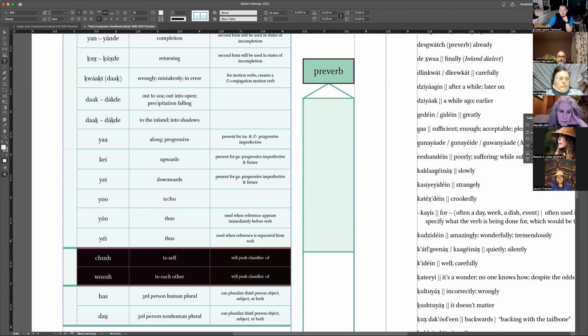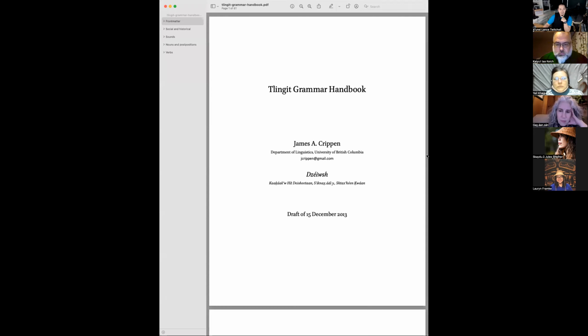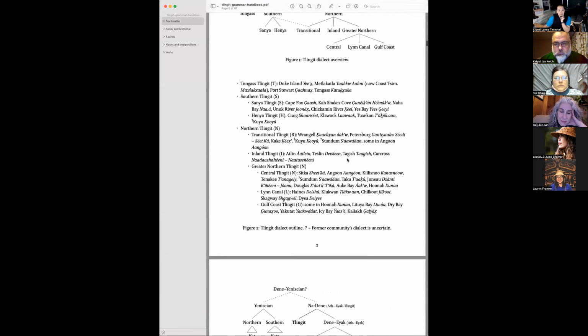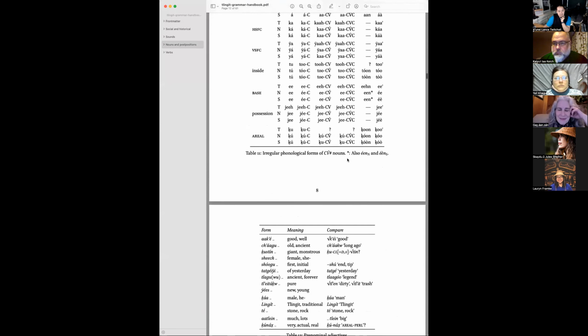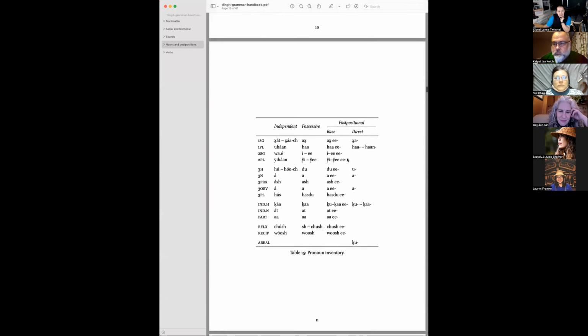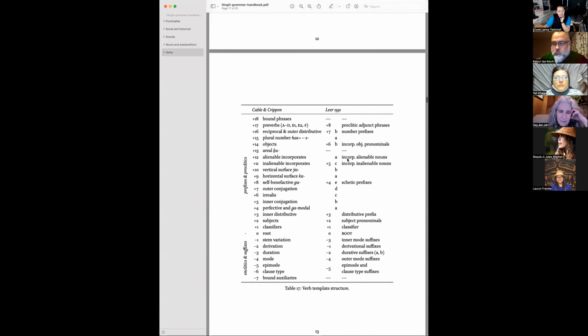There is a pretty complicated text that I think we did start looking at here, which is the Lingít Grammar Handbook by James Crippen. And so the place where you might go to answer some of these questions, like which one goes first then, is as you scroll down quite a ways, and then you start getting right around here.